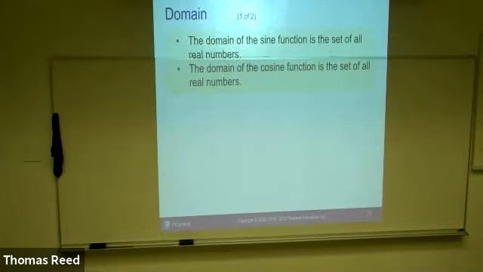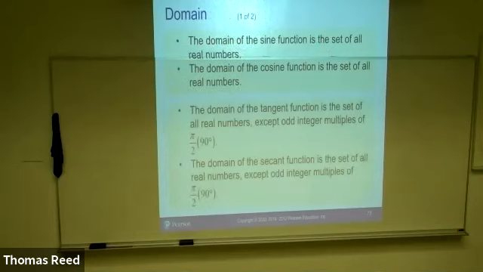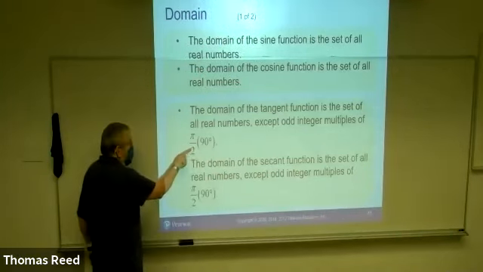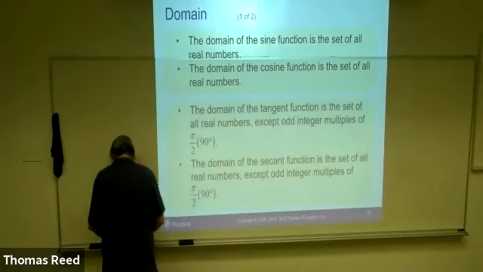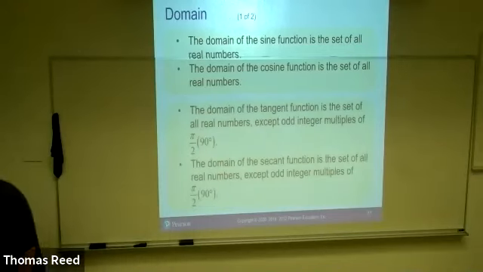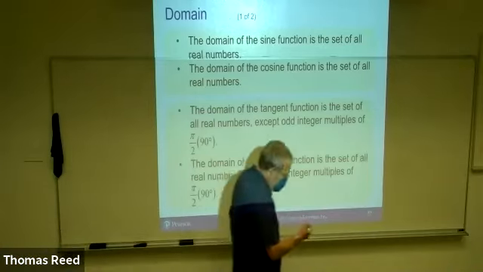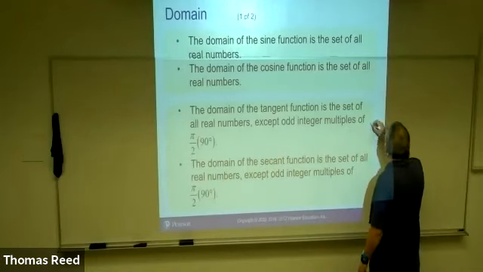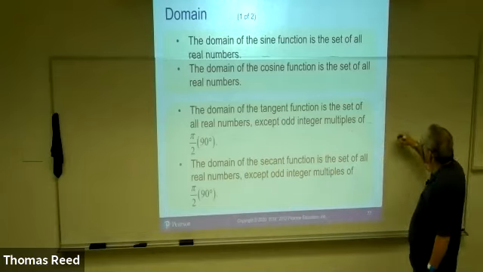So let me go through the next. And the domain of cosine is the same thing. So the domain of the tangent is going to be all real numbers except for the odd integer multiples of pi over 2. If we look, well, let me just draw it up here. Let's see my wonderful drawing skills without a grid. All right, so here we have the unit circle.